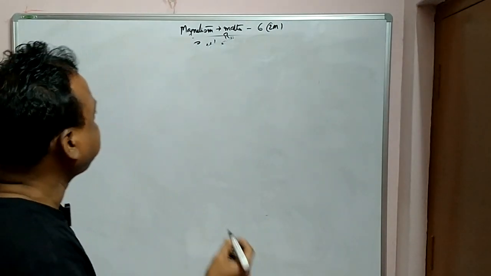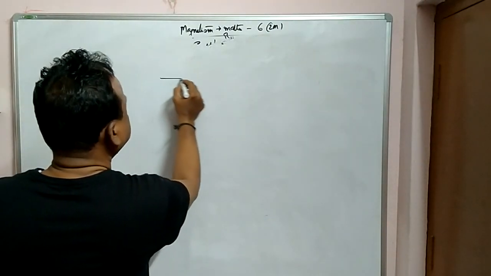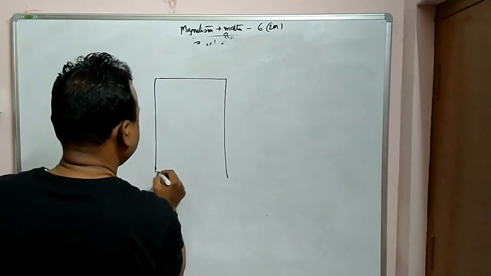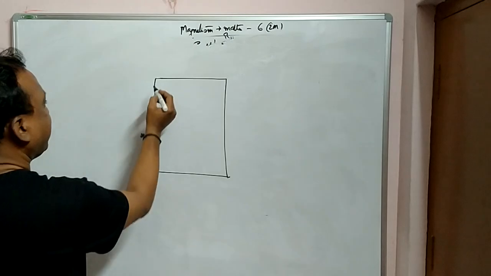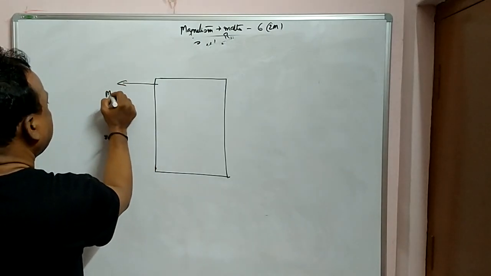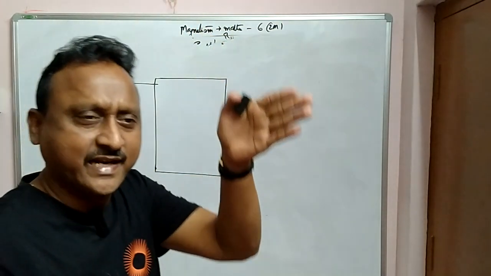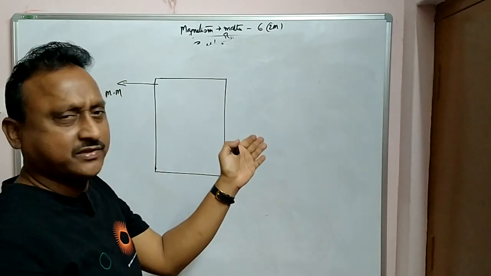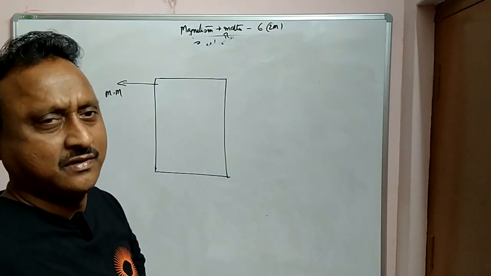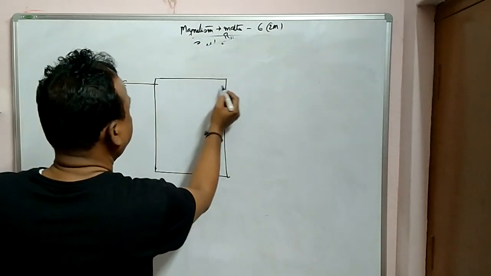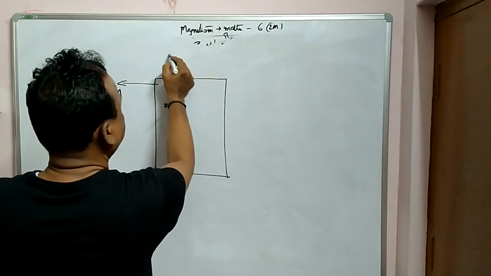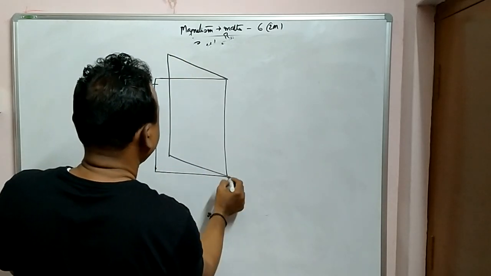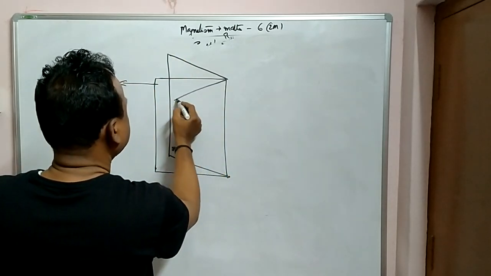Now next case, for example, see, suppose this is the magnetic meridian. That means the plane passing through the magnetic axis. I told you about the magnetic axis, magnetic north, magnetic south. Now suppose there are two planes, one is like this and another is like this.